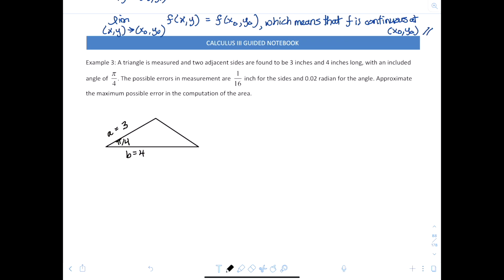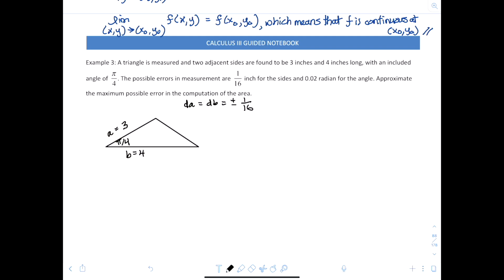Now the possible errors for each of the sides are what? Beautiful. This dA is equal to dB is equal to plus or minus a 16th. So kind of like that other problem, right?